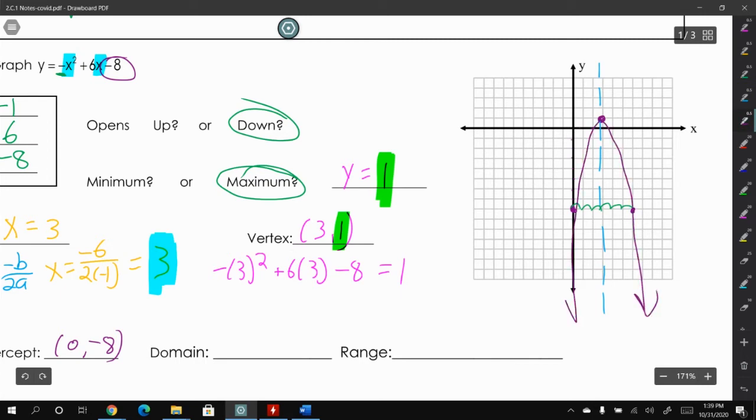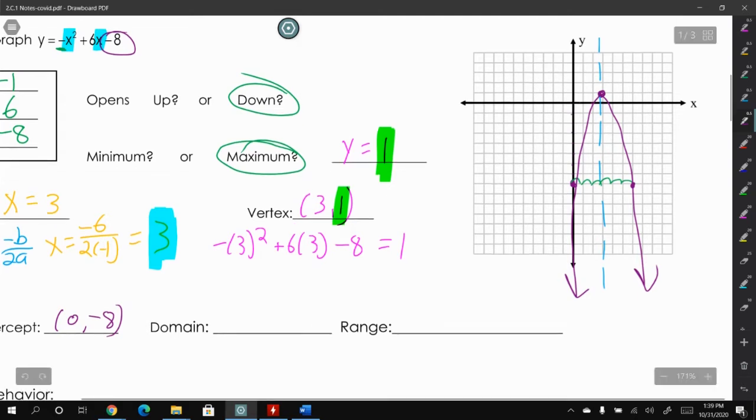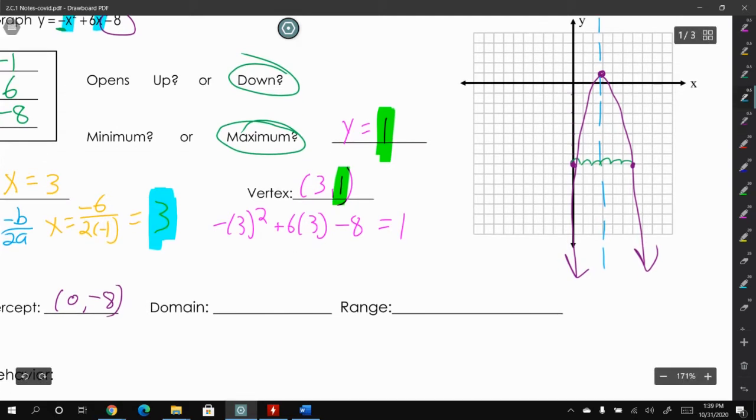Do not make this look like a V. This is a quadratic function, so your graph needs to look like a parabola, not a V. Your domain for a quadratic is always -infinity, infinity, and the range, since everything is going down, downward arrows, our y values go all the way to -infinity, 1, our highest y value.